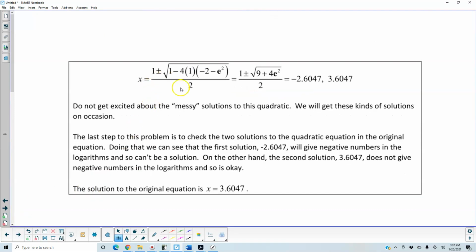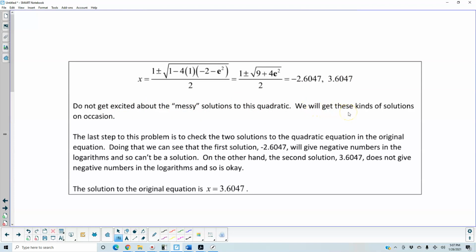So when we plug it into our quadratic formula, we get (1 ± √(1 - 4·1·(-2 - e²)))/2, which simplifies to (1 ± √(9 + 4e²))/2, which gives us -2.6047 and 3.6047.